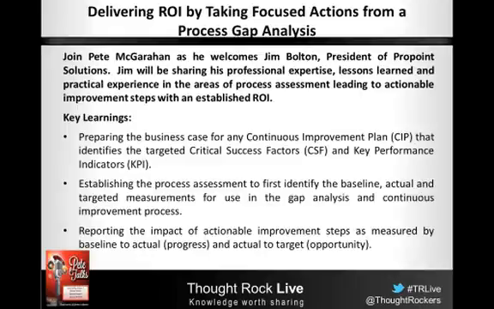Also, what are the steps for a process assessment to get it to a point where we feel comfortable that we have identified what's measurable, what's important to the business that Jim shared with us. We're going to talk about some of the business case steps that could be involved as well, especially when trying to present a business case for continuous improvement that might involve capital funding or money. And then lastly, how to make progress against that targeted actual improvement steps.